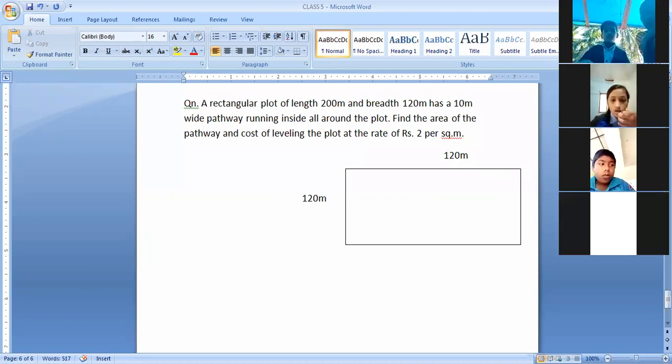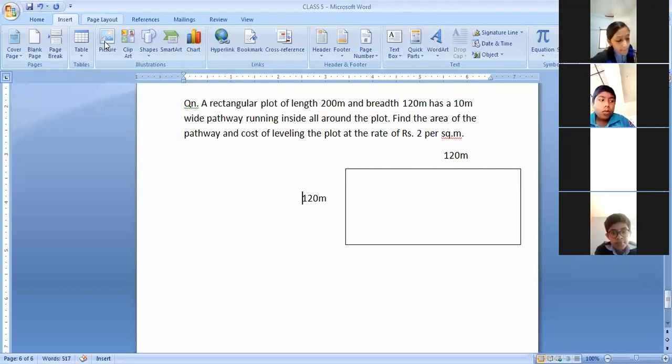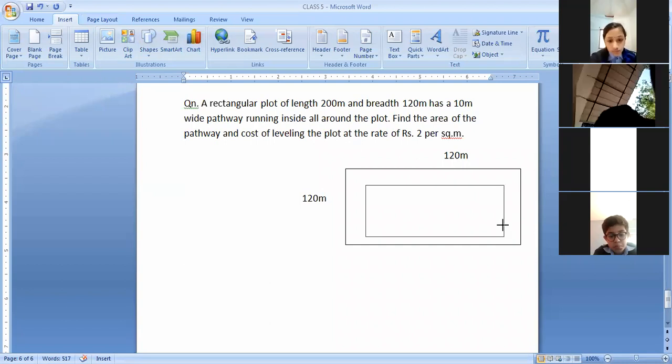Whether it comes inside the plot or outside the plot, inside or outside? Inside the plot. Okay. That means here is a plot and there is a pathway.